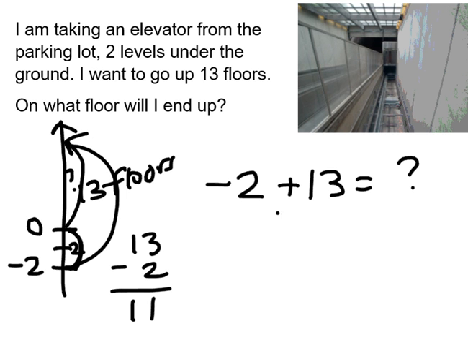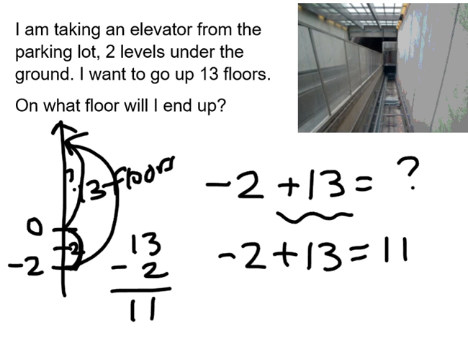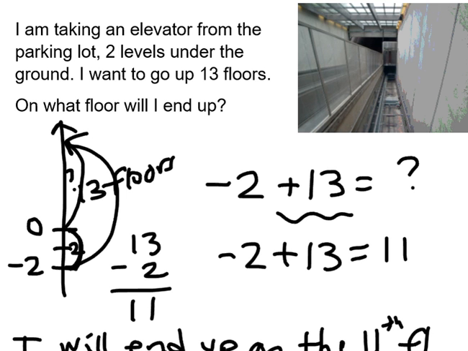Because I have more positive here than negative, my answer will be positive. So my answer will be 11. You would answer, I will end up on the 11th floor.